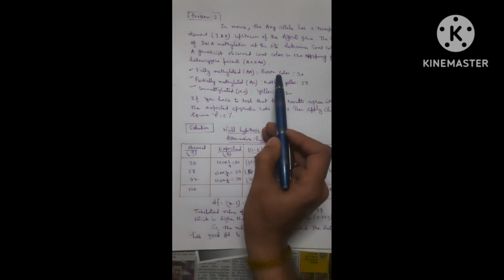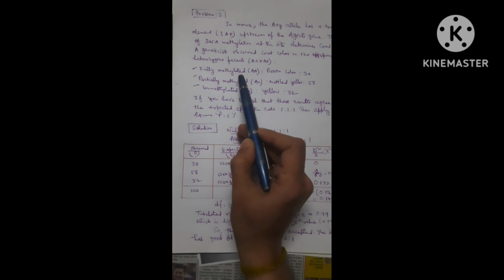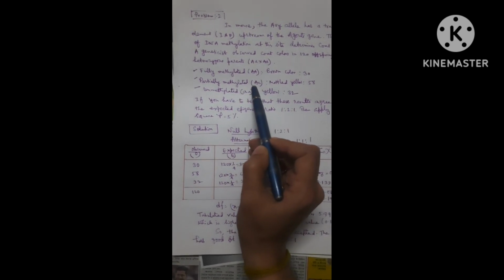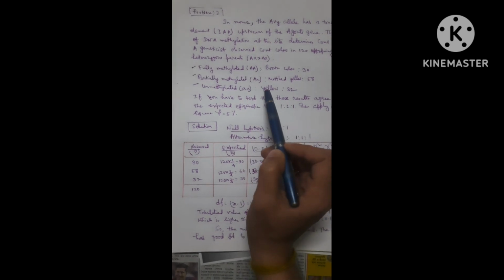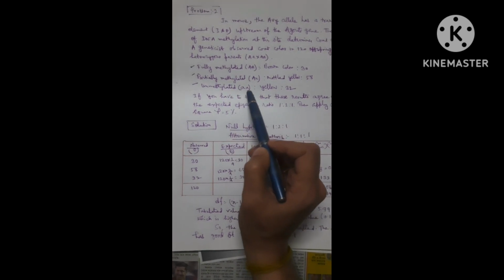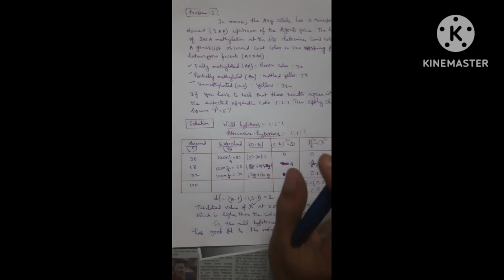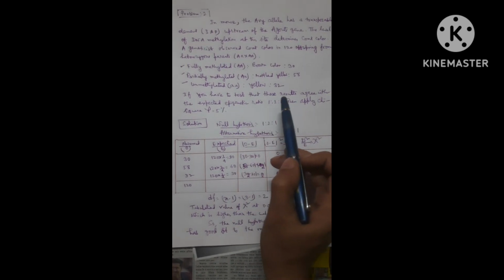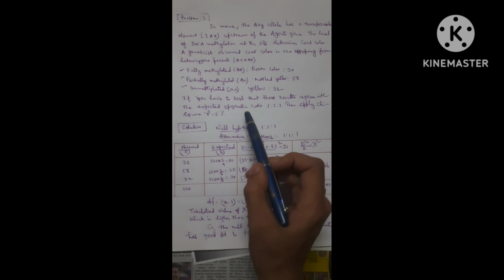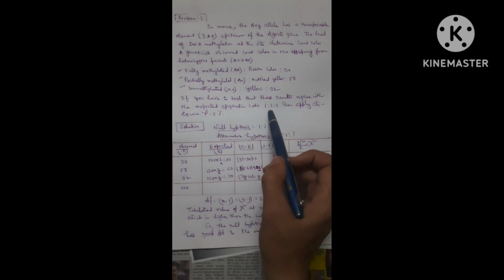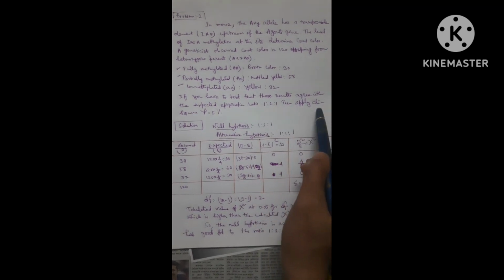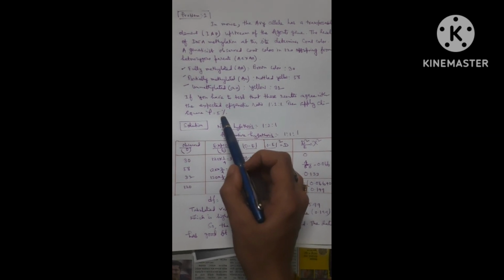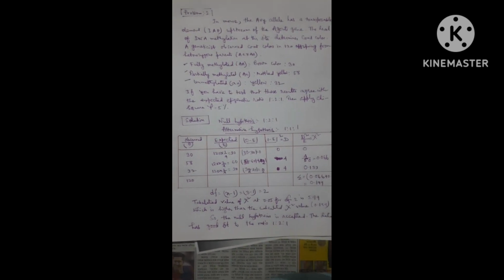Okay, brown color means fully methylated, capital A. Mottled yellow means partially methylated, heterozygous, and yellow means unmethylated, small a. So this is the data. Okay, these are the observed data. So if you have to test whether these results agree with the expected epigenetic ratio 1:2:1, then apply chi-square at level of significance 0.05. Okay, so this is your simple problem.